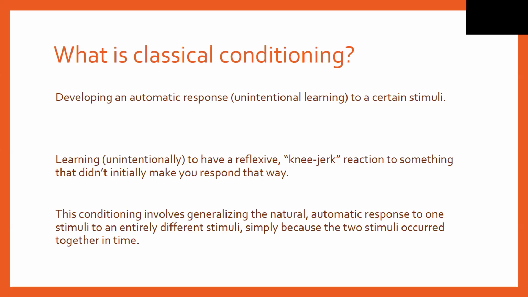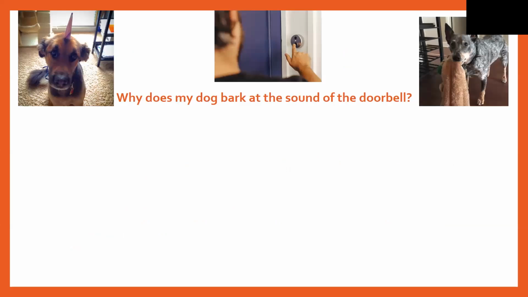And so essentially you're just learning that one thing, again, learning unintentionally, that because 2 things occur in time together, they are going to end up eliciting or causing the same behavior. This will make much more sense once we break it down into examples and the terms that we became familiar with in this chapter.